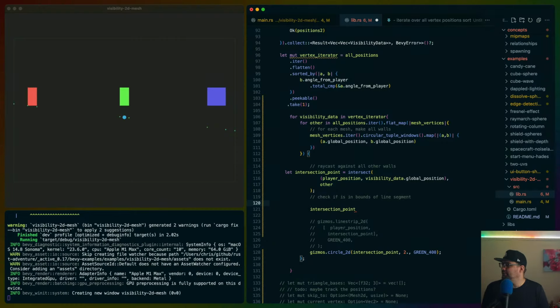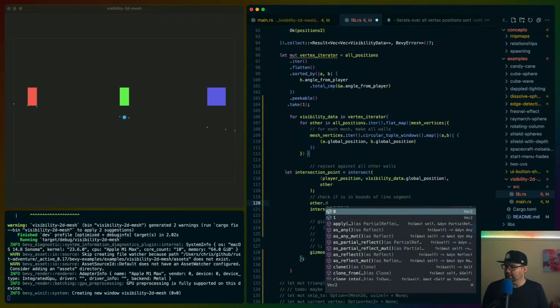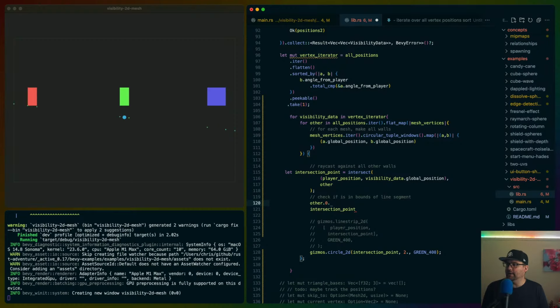So let's do, we are getting our intersection with this other line. This other line is the one that has to have our things. So other dot 0.x min other dot 1 dot x, right?